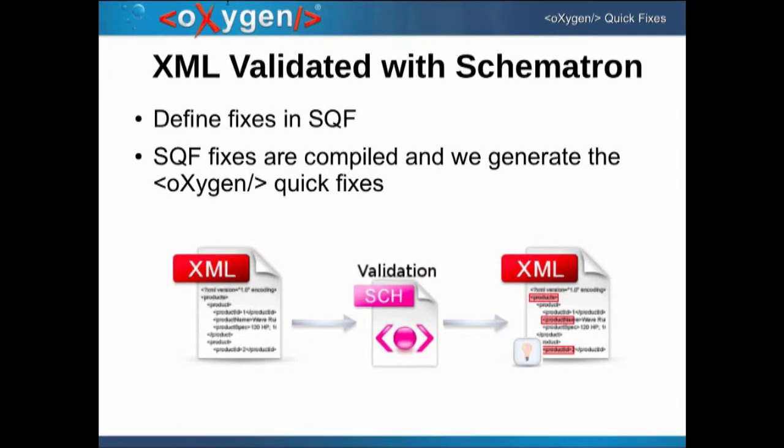Well, I don't know if there is a restriction not to define the fix within an assert itself. But within the assert you have the message basically, right? But you can put anything. Maybe it's confusing to add that directly, because of mixed content. Is that the error message, or is that a quick fix? And maybe you want to refer to the quick fixes from many asserts that you have in the same rule.